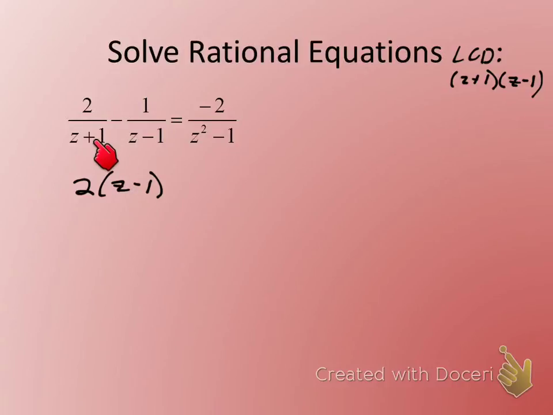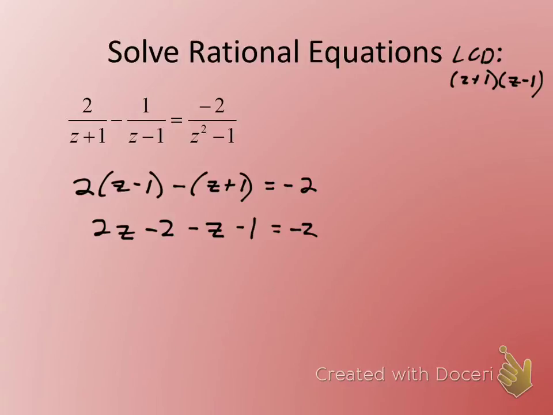The z plus 1 is there, it'll cancel, so you need to multiply it by the minus 1. Minus the z plus 1 that's not in that factor equals -2. This one's a fairly simple one, so 2z minus 2 minus z minus 1 equals -2.